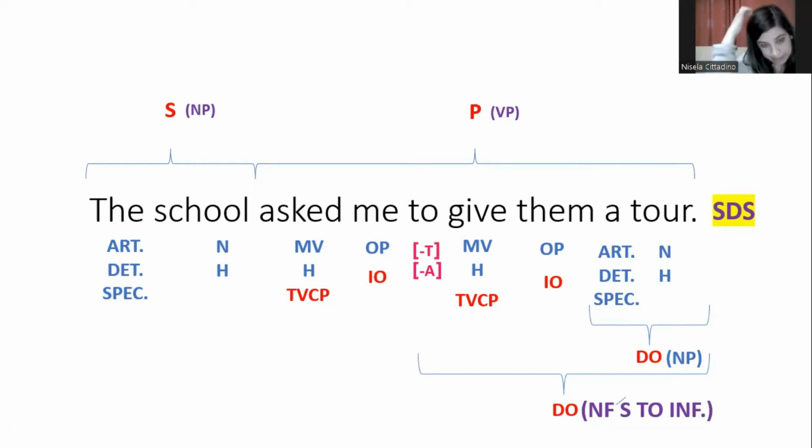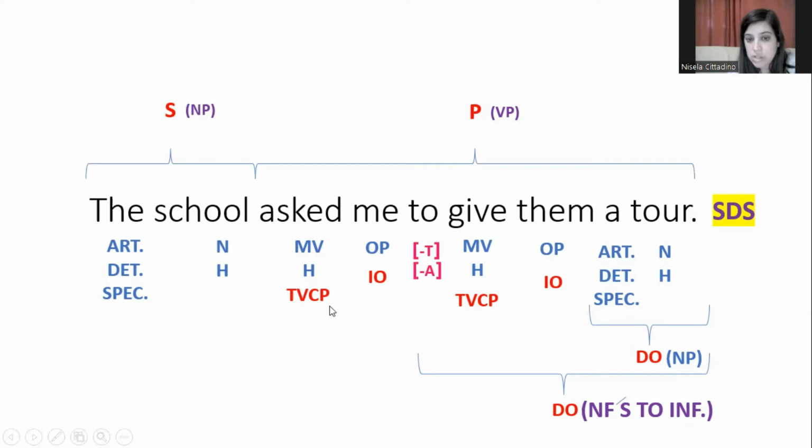Asked is the main verb of the sentence. Yes, and it is a transitive verb because it takes a direct object. And it is a complete predication because after the direct object, I don't need anything else to complement the idea or the meaning. So it is asked, in this case, a transitive verb of complete predication.